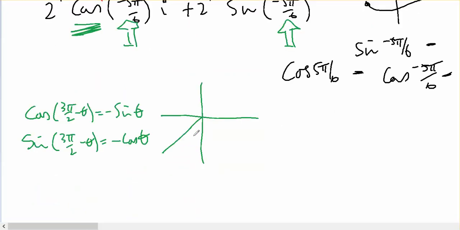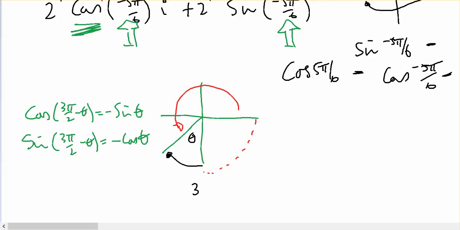So here is my theta, and this angle here represents 3 pi on 2 minus theta.